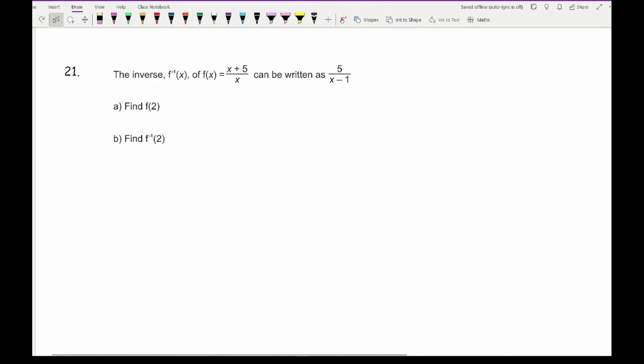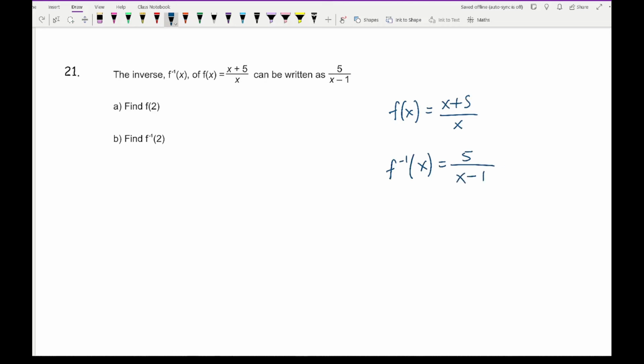Then moving on to question 21, it says the function f of x is (x plus 5) over x, and the inverse function can be written as 5 over (x minus 1). Find f of 2, and the inverse function of 2. Let's just write down the formulas. f of x equals (x plus 5) over x, and the inverse function of x equals 5 over (x minus 1).